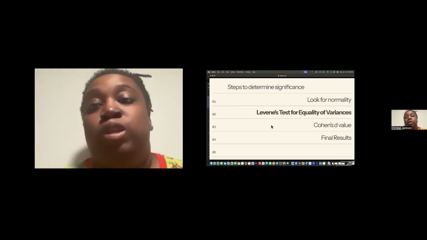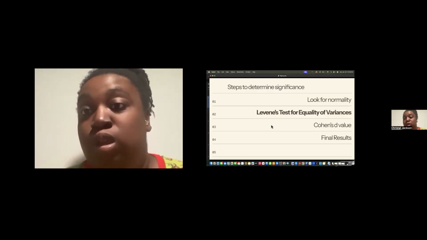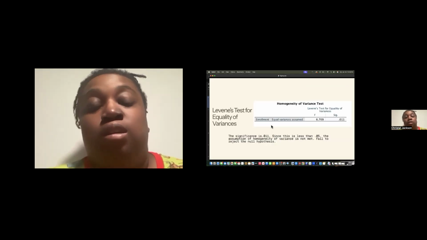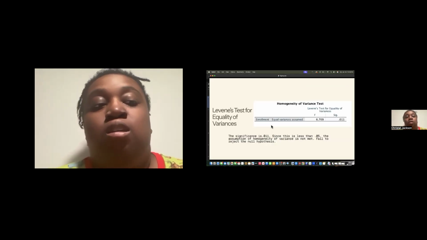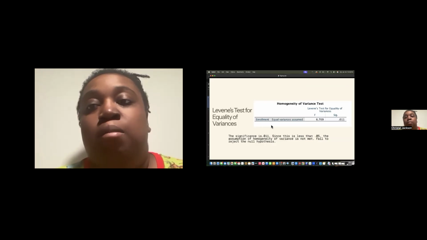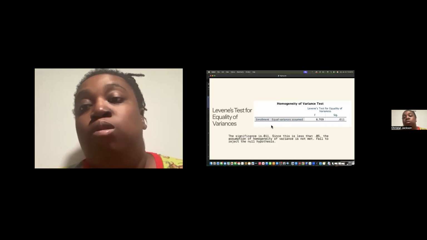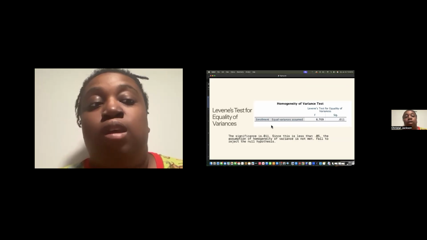From here, we dig a little deeper and look at Levene's test for equality of variances. This test can be conducted again in SPSS: Analyze at the top, then Compare Means and Proportions, and then Independent Samples t-test, making sure that the grouping variable is Regions 1 and 5, and the test variable is enrollment, and also make sure to check the homogeneity of variance test.